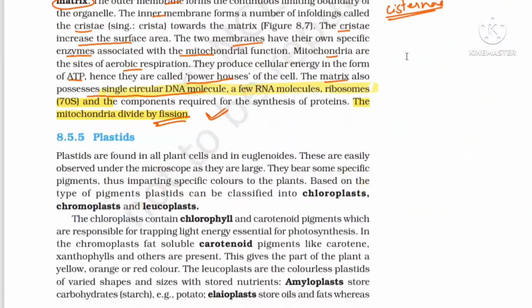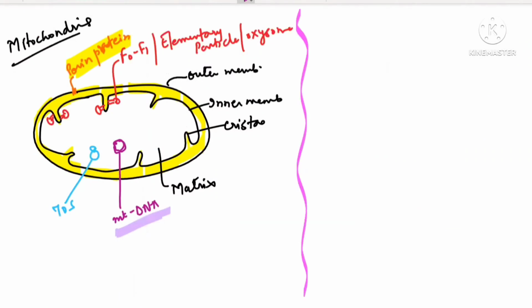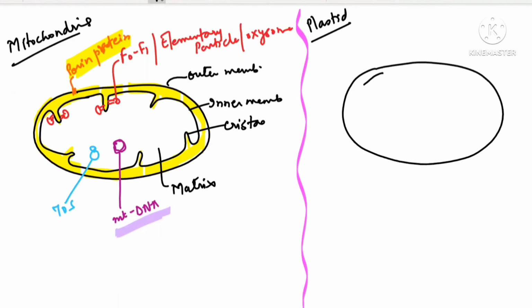Now see the plastids. First let me draw the diagram of the plastid. See the comparison. It is also double membrane, and both membranes are continuous. There are no finger-like projections here. There is a third envelope system. These are thylakoids. And in the thylakoid, the empty space is known as lumen. This is the thylakoid lumen.